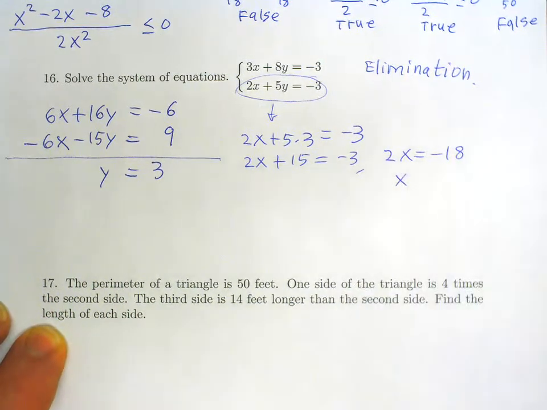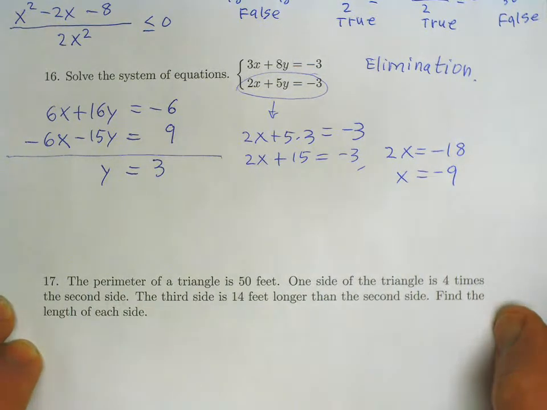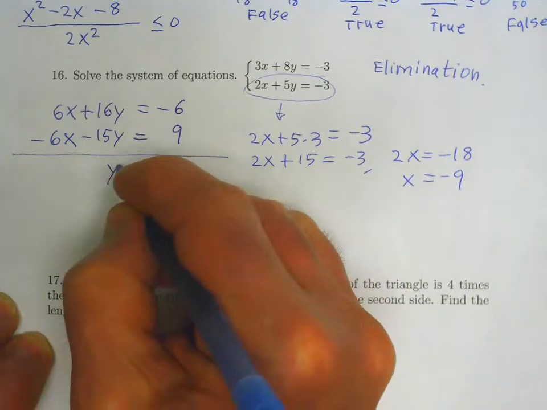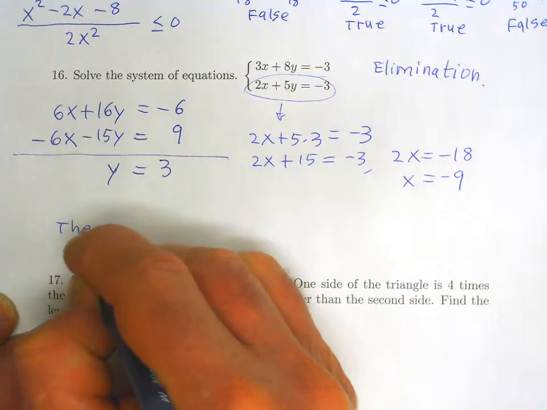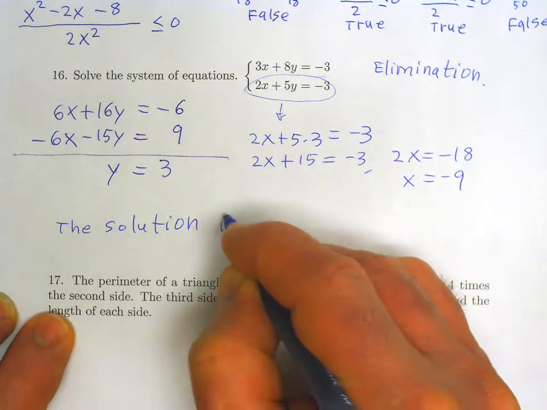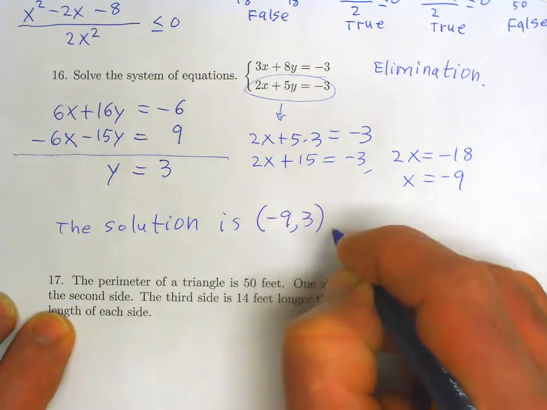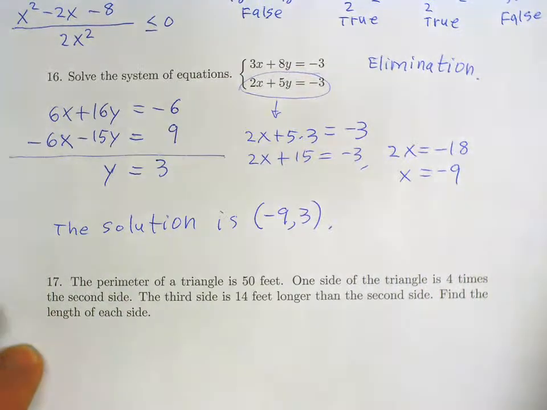And divide both sides by 2, x equals -9. So the solution is in ordered pairs, so you should write it that way. The solution to the system is the ordered pair -9, 3. In parentheses.